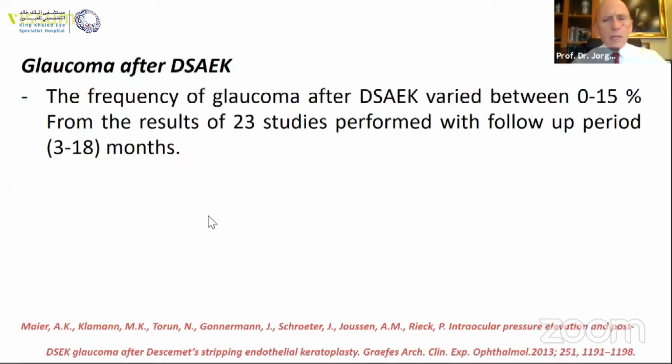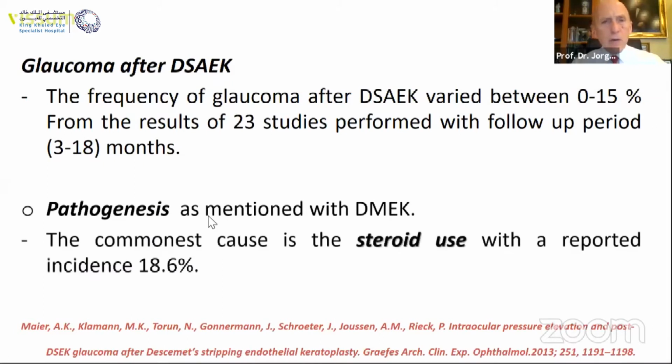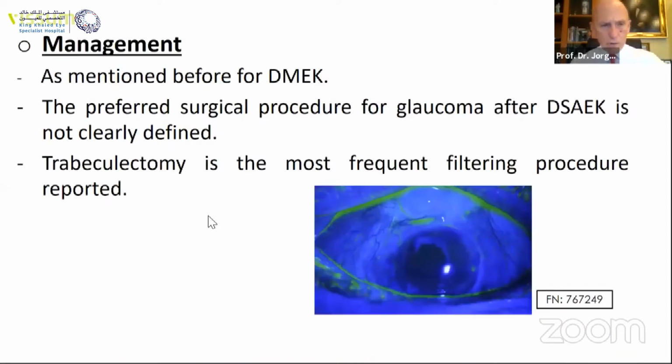After the DSAEK, the problem is about the same as DMEK. The DSAEK is only different from DMEK because of the remaining stroma that is left in order to make surgery easier. This increases the corneal thickness a little bit more, but it's not that relevant. But you have to think that the complications of the DMEK and the DSAEK are comparable. They are related, in most cases, to steroid use and to the use of gas during the surgery.